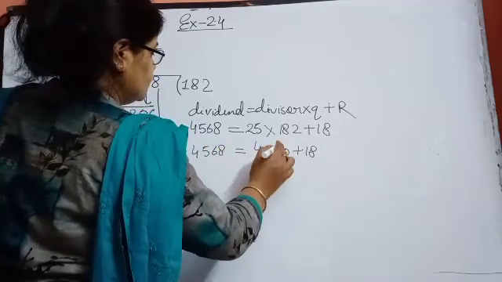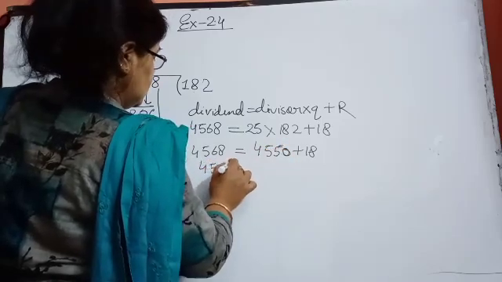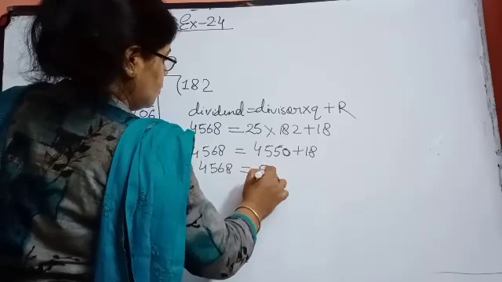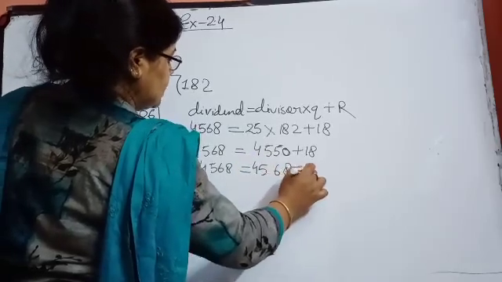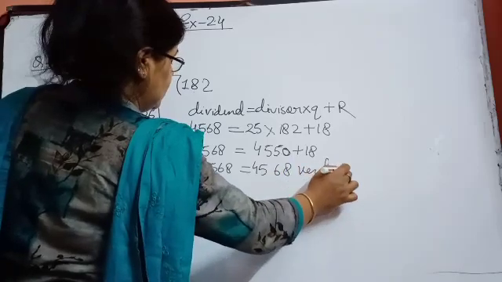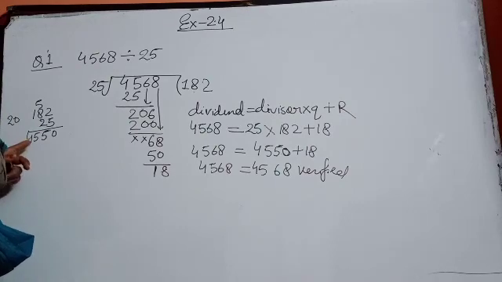Here also 4568, and it is verified. You have seen that the left-hand side and right-hand side are coming equal, so the division algorithm has been verified.